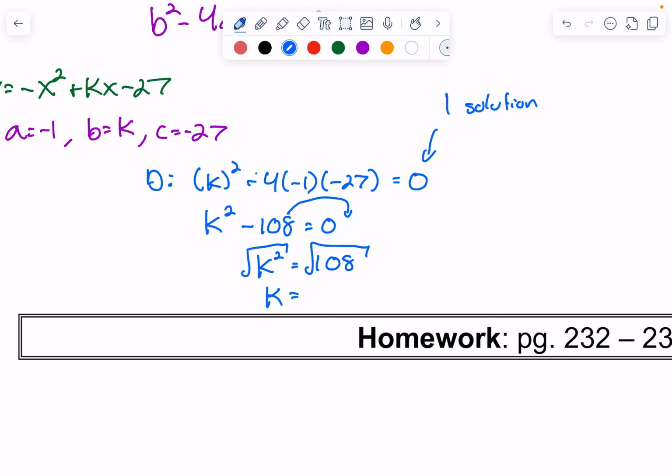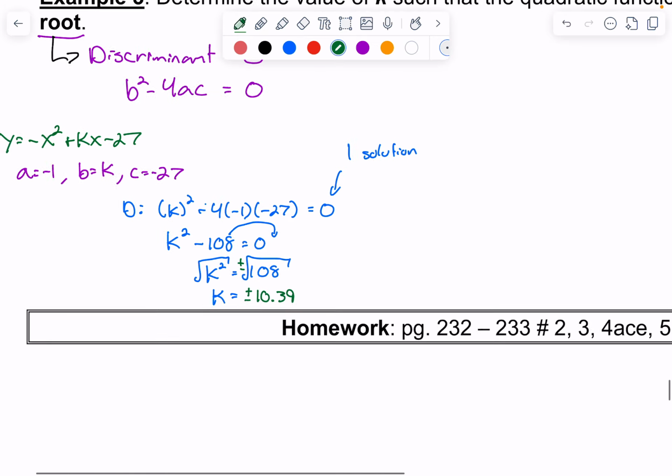So then what is the square root of 108? Again, there is a plus or minus here in front of the square root. So k can either be plus or minus 10.39, okay? So not really a clean number, but that would be a solution.